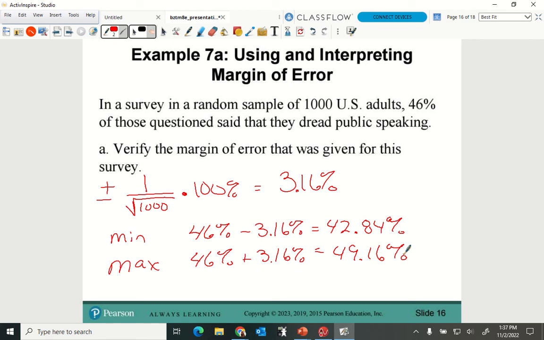So when they talk about this poll and they're saying that this is a sample, they can't be accurate. They're trying to be close, but they're not. They're saying with a 95% accuracy or confidence, so they're 95% sure that their answer for the entire population is going to be between there and there.